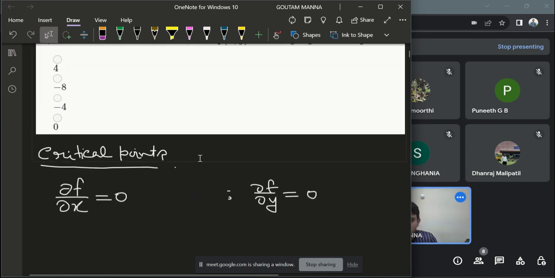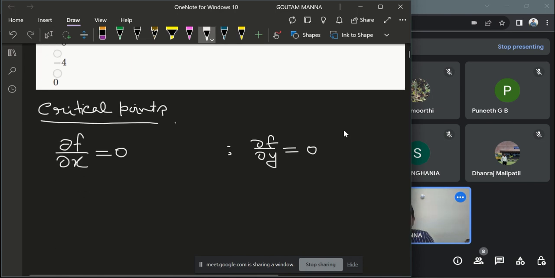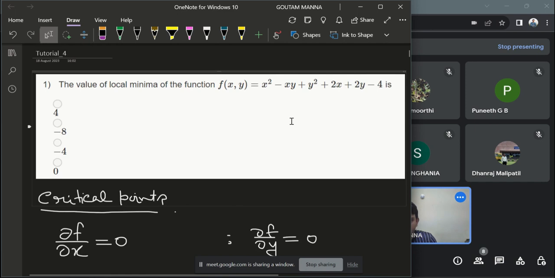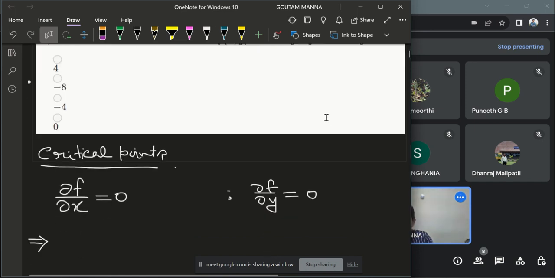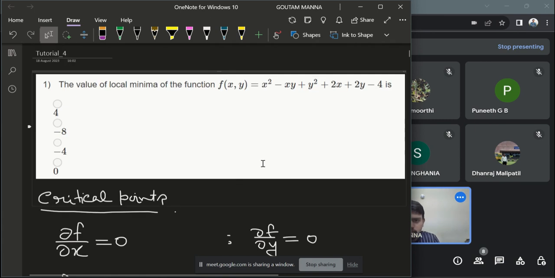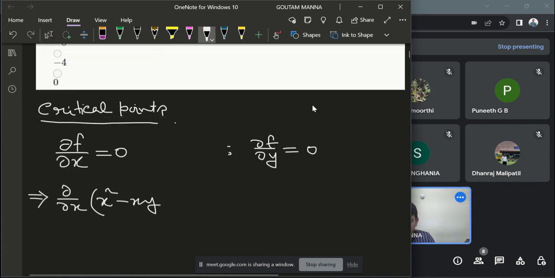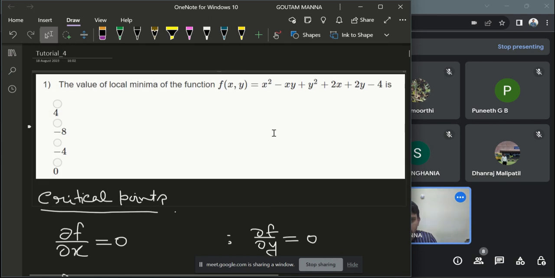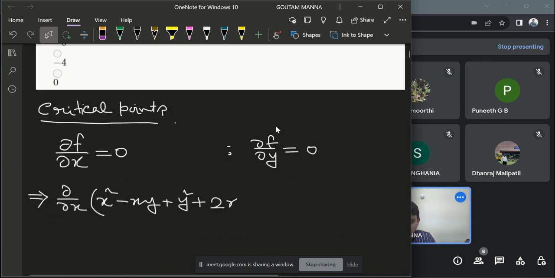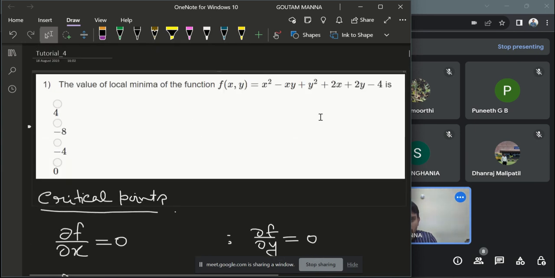So if you do del f del x, it will be del x of this whole function, x square minus x y plus y square plus 2x plus 2y minus 4.